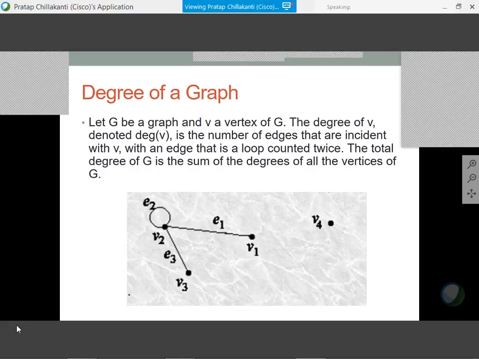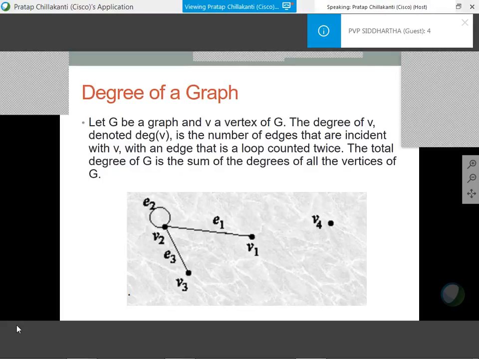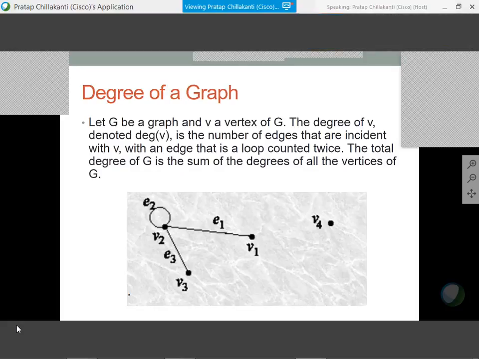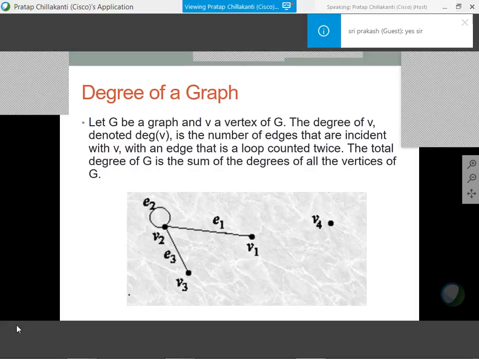That is the total degree of G. Is that the total 3? I get 3, 4, 5, different answers. A lot of people said 4. Don't put privately, put it for everyone. We are just having fun here, as a group exercise.